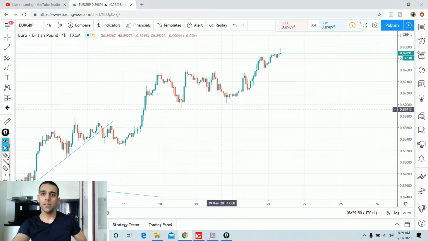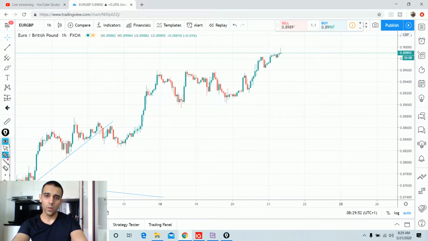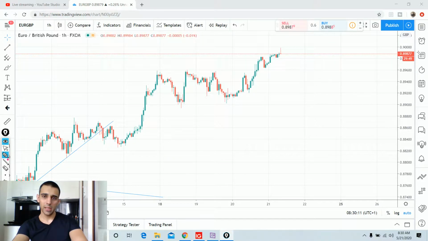There's potential, but I don't like this on the 1-hourly time frame. We are putting these kinds of candles on the 1-hourly, which means this is in a developing stage. I would not take the trade yet.